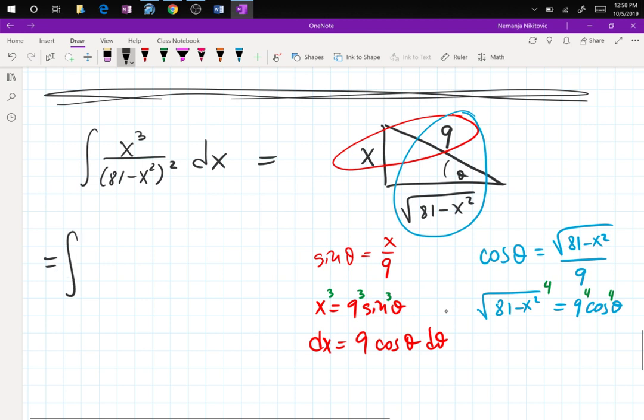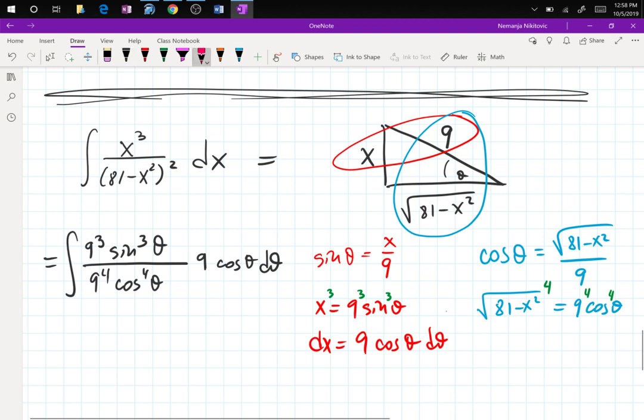Rewind the video if you have to watch it again. I have 9 cubed sine cubed theta divided by 9 to the 4th cosine to the 4th theta, and for my dx I have a single 9 cosine theta d theta.